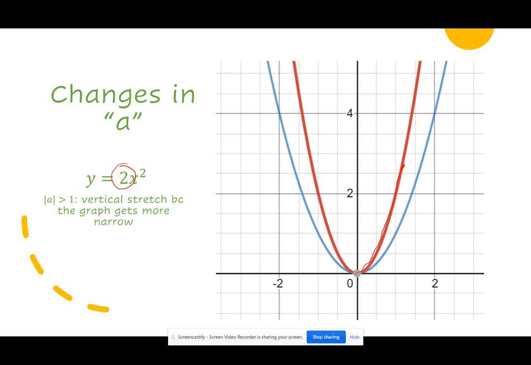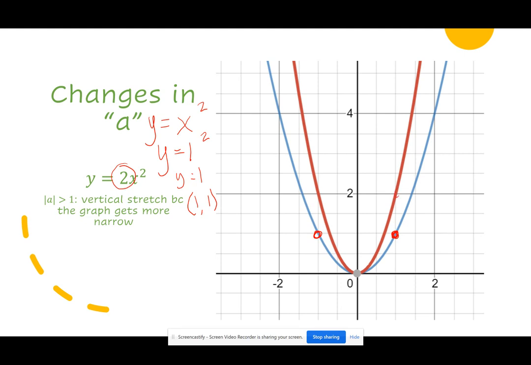So the way to graph these, well, you can always make a table because you can always graph by making a table. So if we have y equals x squared, if we plug in 1 for x, we get y equals 1. So our point is 1, 1. So if we look at this parent function, we have 1, 1 right here and negative 1, 1. Well, when you're vertically stretching it, you're multiplying that number by 2.